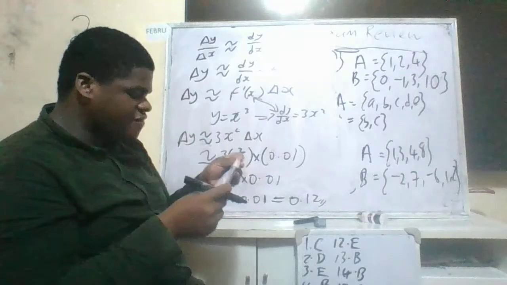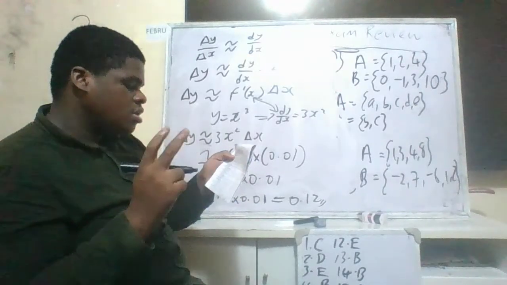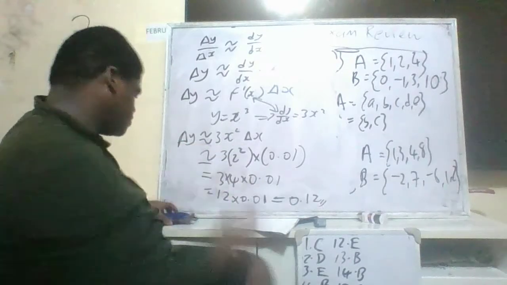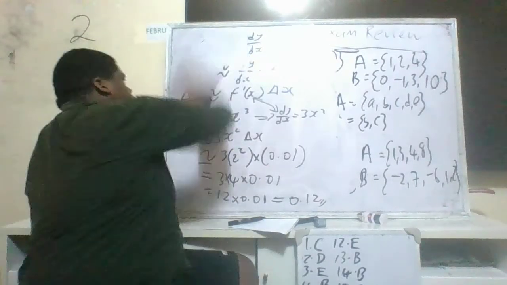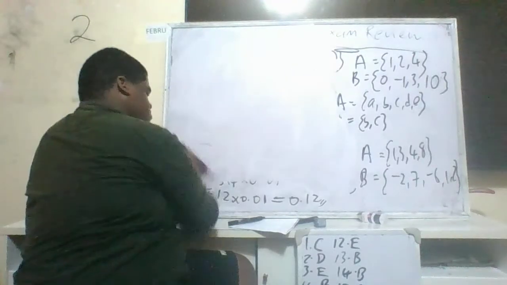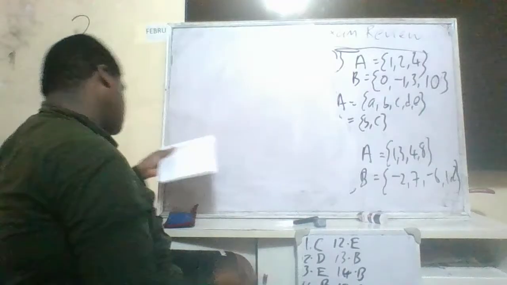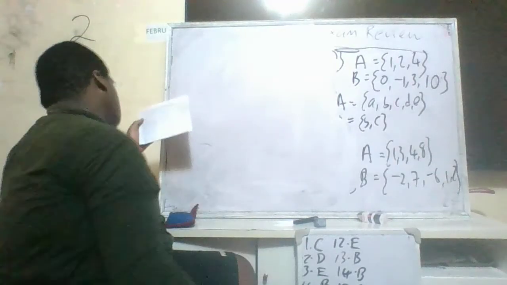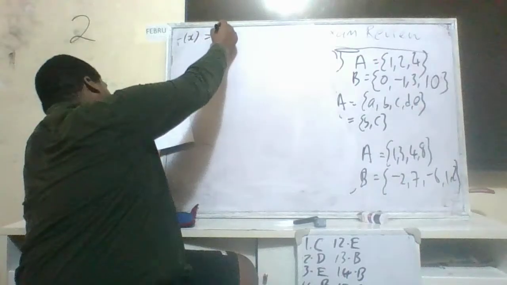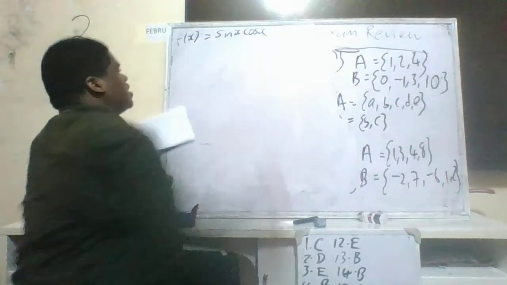Question 20 says, if f(x) is equal to sine x cos x, we should find the second derivative.